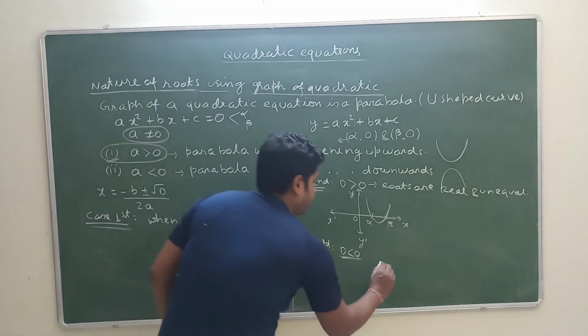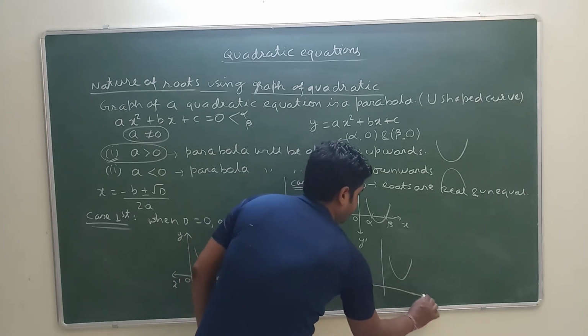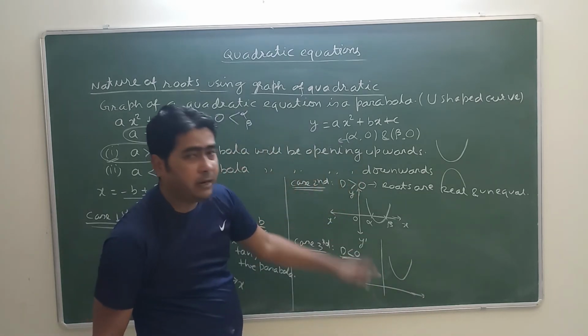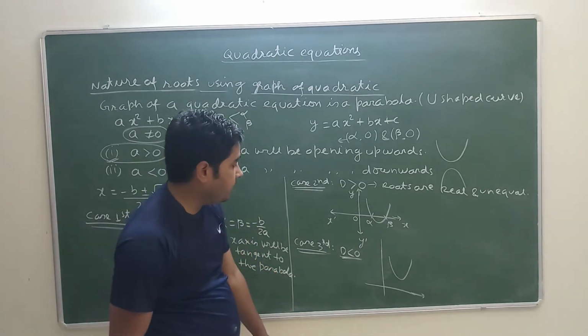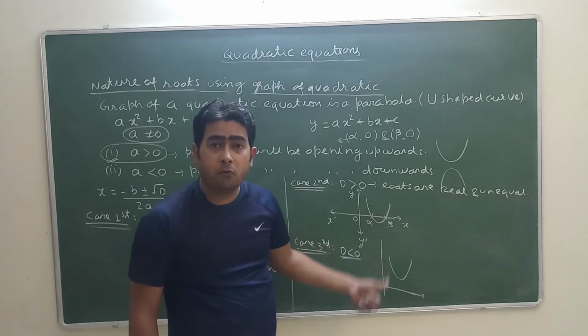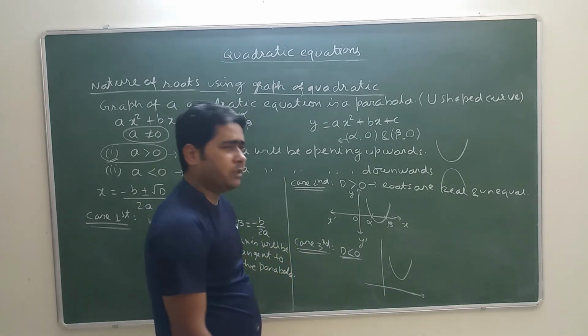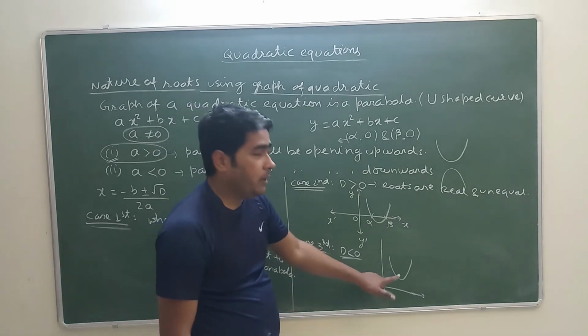So for this situation, the graph will be like this. It will never intersect, it will never touch x axis. That is the reason why we say for this particular equation there will be no real roots of x. There is no such value of x for which y becomes 0.